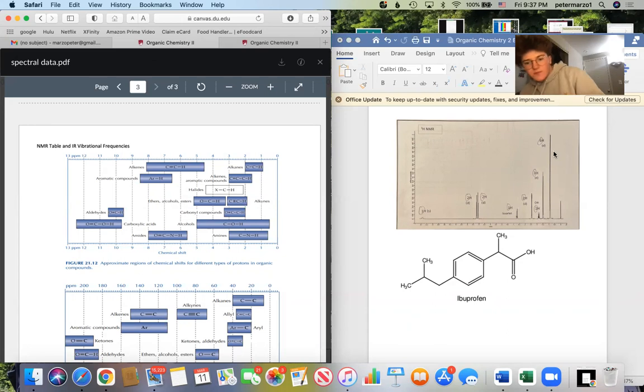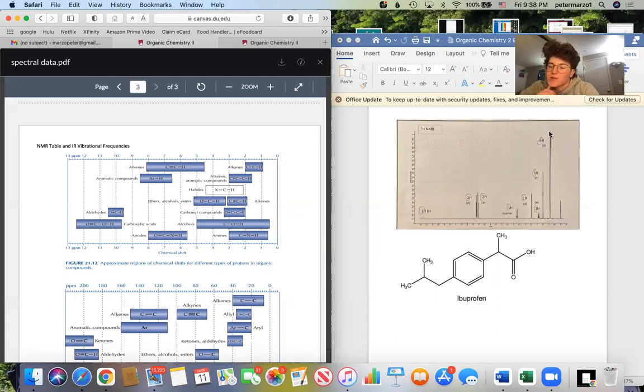Lastly, moving to this larger signal, it shows an integration of 6 hydrogens in a doublet shape at around 0.9 ppm. This is the furthest upfield, meaning that it is the furthest away from any electronegative groups within the molecule, and it shows that there are 6 equivalent hydrogens, meaning that there are most likely 2 equivalent CH3 groups attached to a CH group, because there is a doublet shape, meaning that this neighbor only has one hydrogen.